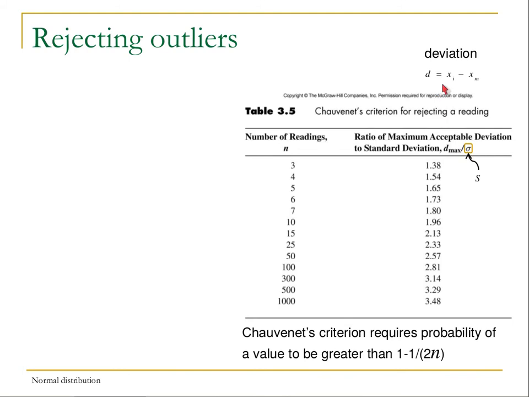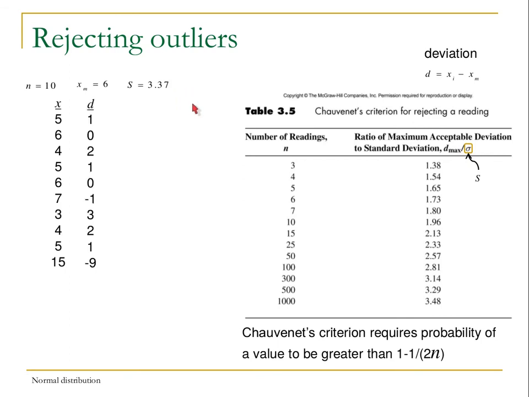So deviation is defined as the difference between a given reading and the sample mean. For example, if we had a sample with these readings, little n is 10, we have 10 readings, and the sample mean is 6, and the sample standard deviation is 3.37. Since we don't know the population standard deviation, we'll just use the approximation of big S for that.